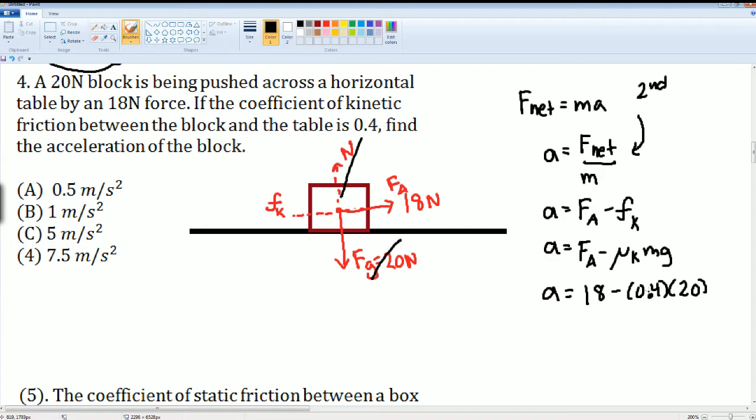I just didn't want to make the substitution so you could see how it looks algebraically. This is how it looks once you start plugging in values. Once you plug that in, you should get a is equal to 5 meters per second squared, so it is C.